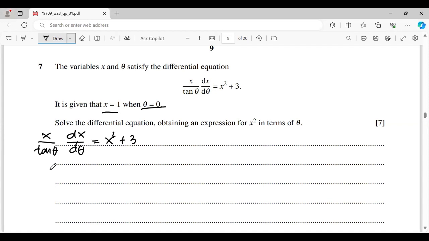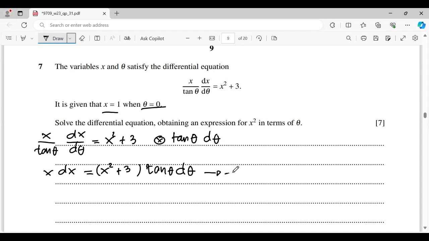I'm going to rearrange this. Multiply by tangent theta d theta, so x dx equals x squared plus 3 times tangent theta d theta.